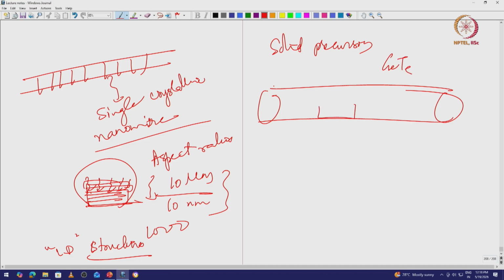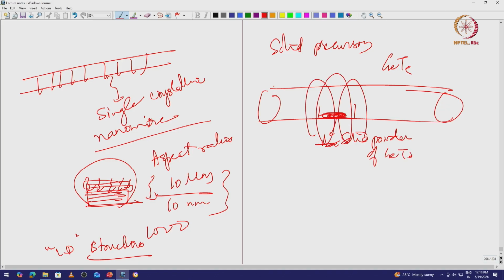Maybe we did some overview of what a phase change material is. I will take a boat here, and in the boat I will put solid powder of germanium telluride. I will heat it to a higher temperature, using what is called a 2-zone furnace or a 3-zone furnace.